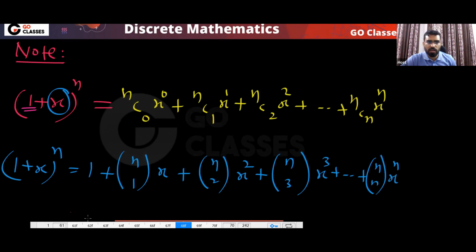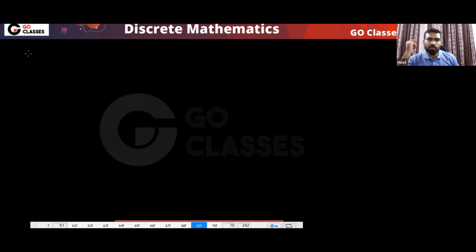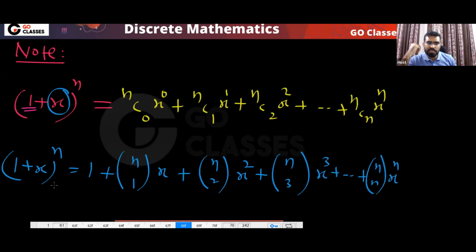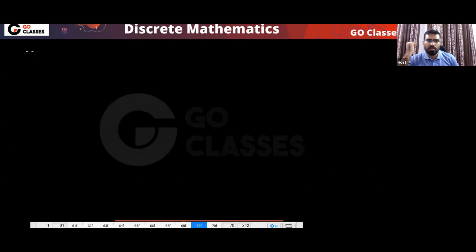So this will be your formula. Now if I put x equal to 1 in this, what will happen?